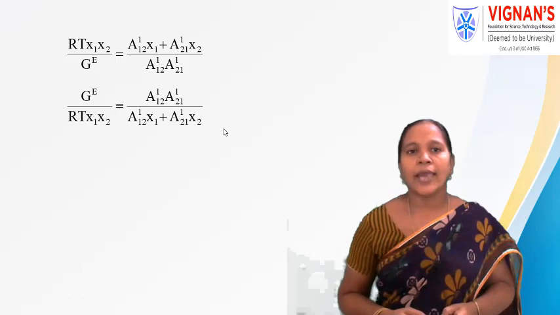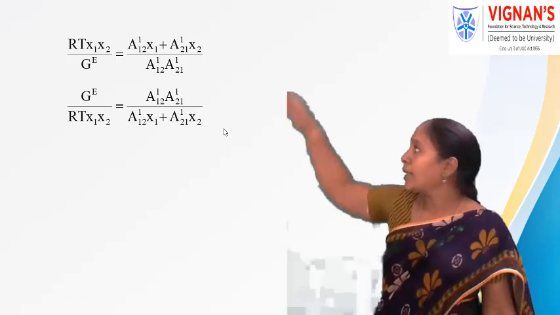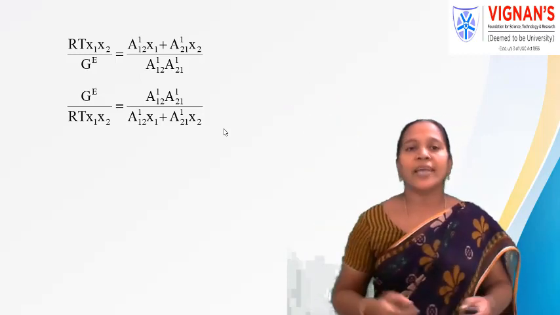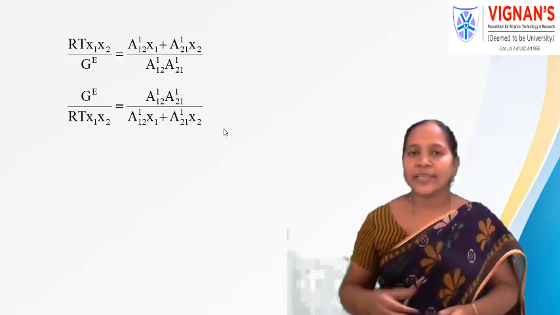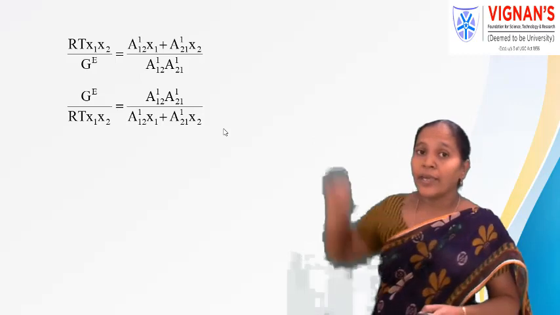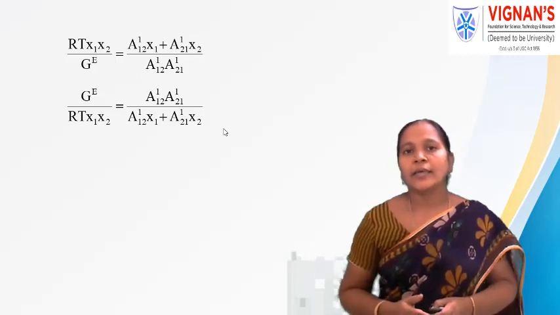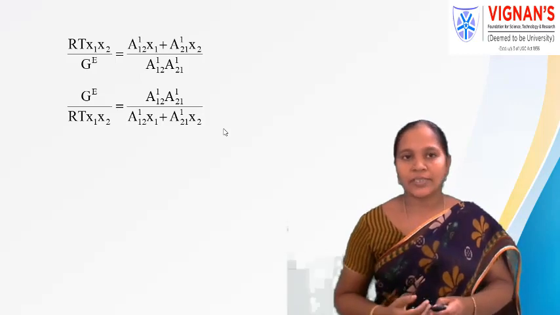Now taking LCM here, RT x1 x2 by G is equal to (A12 dash x1 plus A21 dash x2) divided by A12 dash A21 dash. Then reverse this equation.